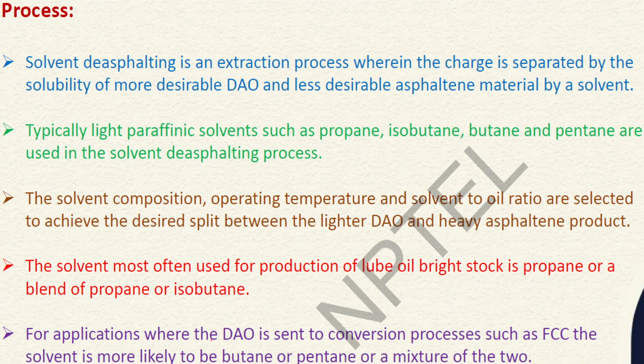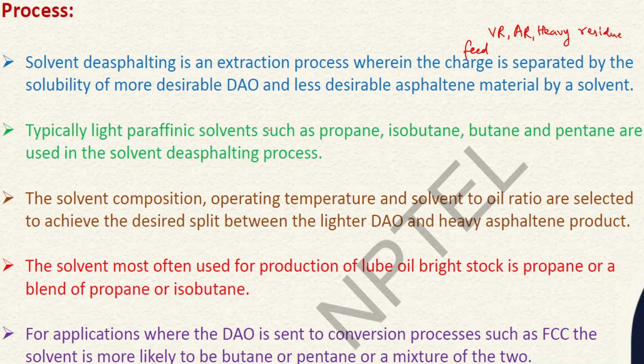The solvent deasphalting process is an extraction process where the charge is separated by solubility into the more desirable deasphalted oil and the less desirable asphaltene material by a solvent. Simply, the charge is the feed, that is vacuum residue, atmospheric residue, or any kind of heavy residue which contains asphalt.